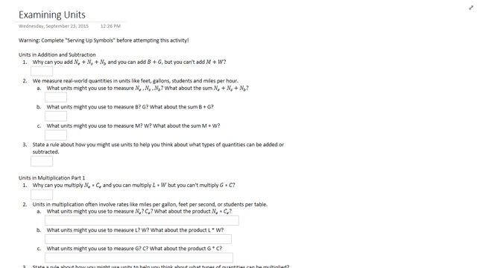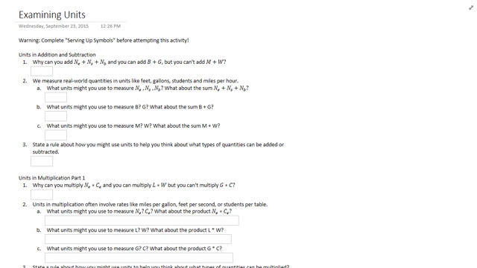Today we're going to be examining the effect of doing arithmetic while staying true to our units. We're going to be examining addition and subtraction, multiplication, and finishing up with division. This is to make sure that when we are doing arithmetic with numbers that have units attached, and I were to ask you what units your answer is in, you need to be able to explain that to me or to someone who asks.